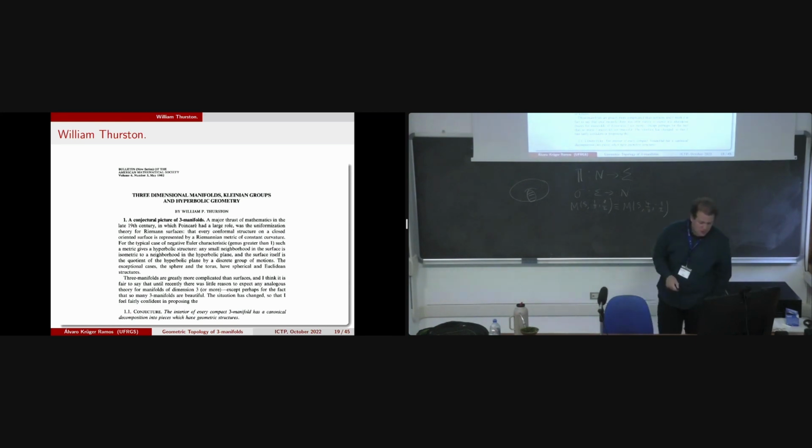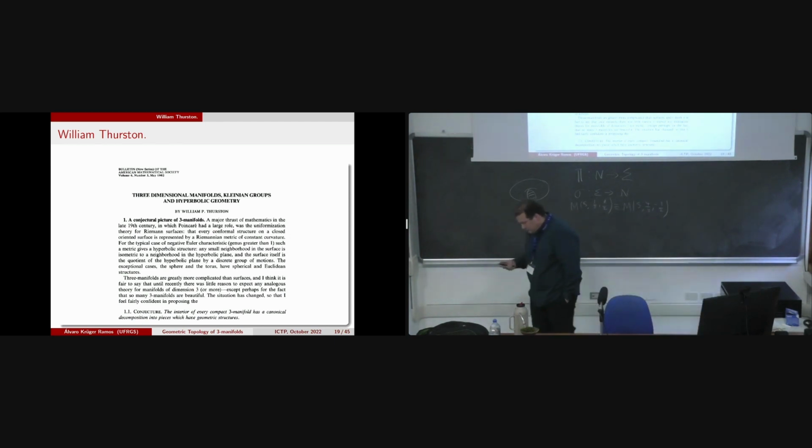So instead of compact here, let's think of closed. So he was saying that if you have a closed 3-manifold, you can cut it somehow, and this is a canonical decomposition, and each component is going to have a geometric structure.